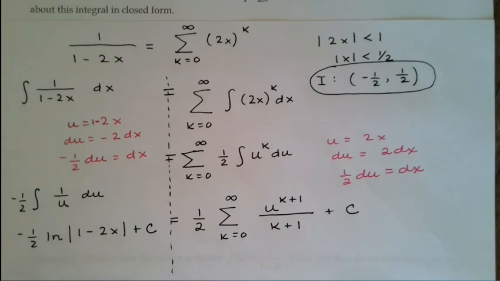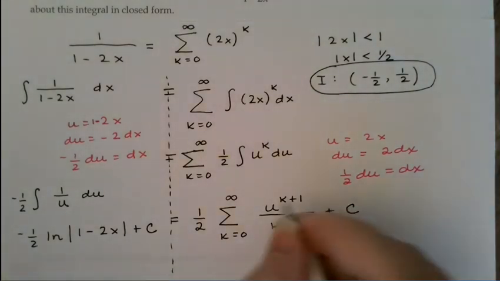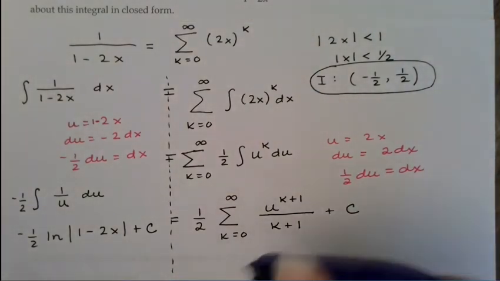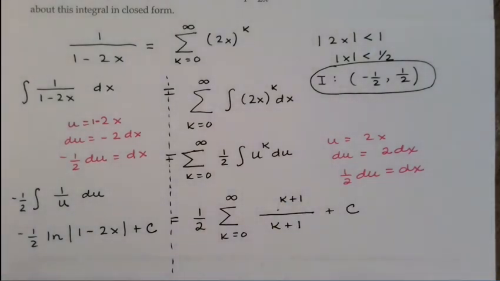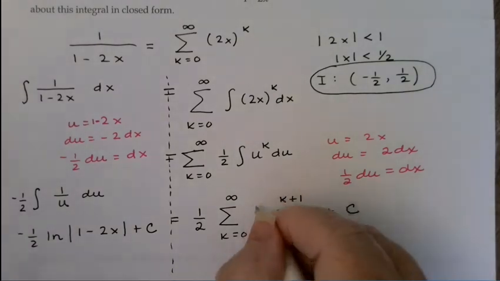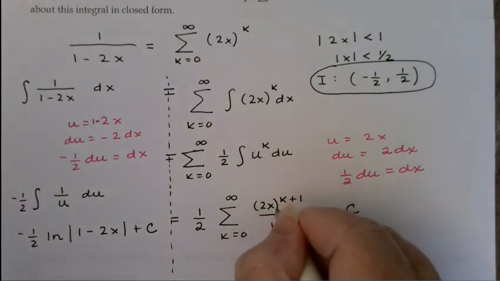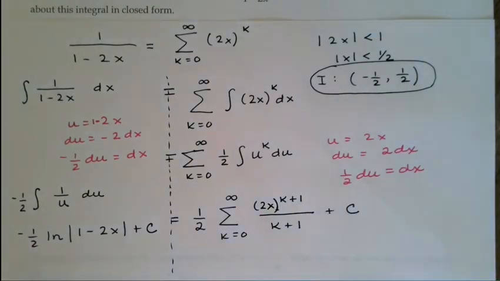And then lastly, I could just replace the u with a 2x. Actually, let me just do that right here because I wanted these two things side by side. u is 2x to the k plus 1. All right. Everything's been integrated.